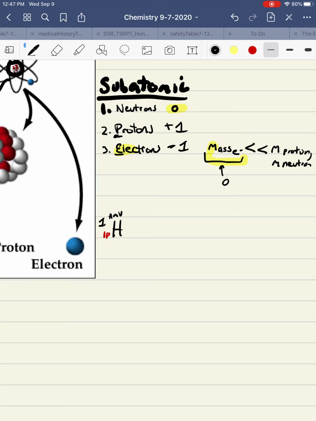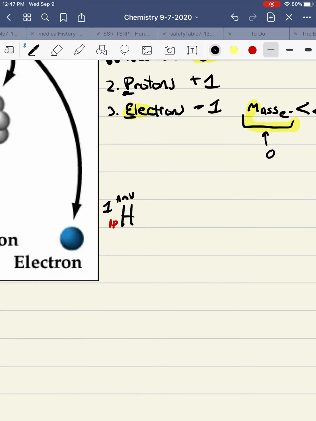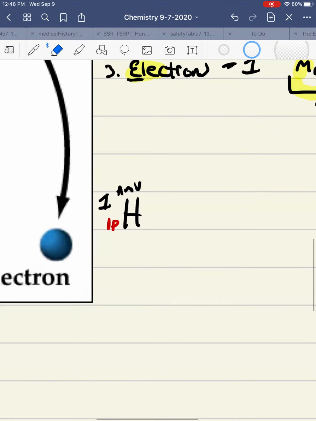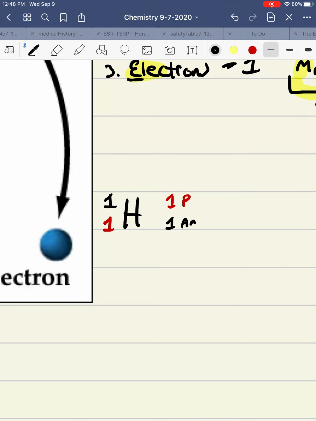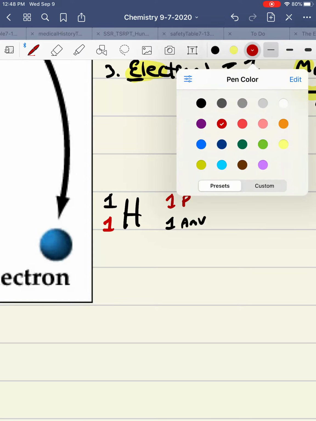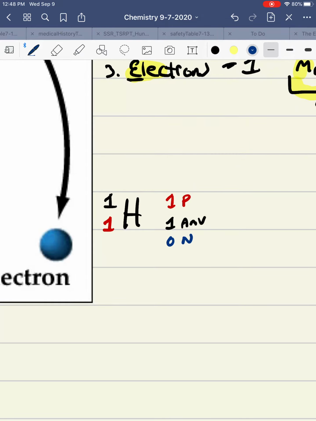And I'm not going to write this out. You're usually going to assume the mass is on top in the notation and the atomic number is in the bottom. So usually you'll see it more like this. Right? So in this case, there's 1 proton and 1 AMU.